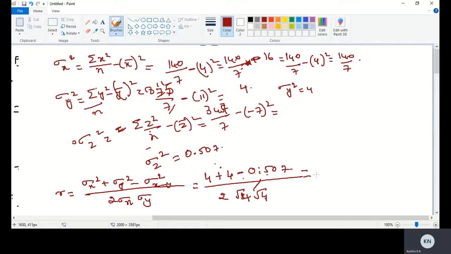Here sigma x is root 4 and sigma y is root 4. Use the calculator, simplify, you will get 0.952875.